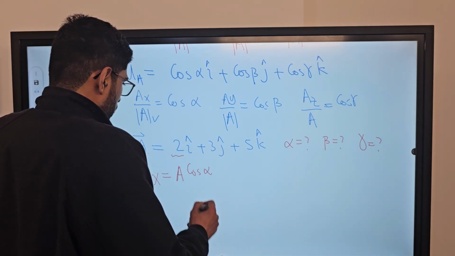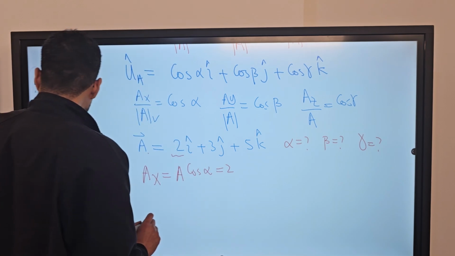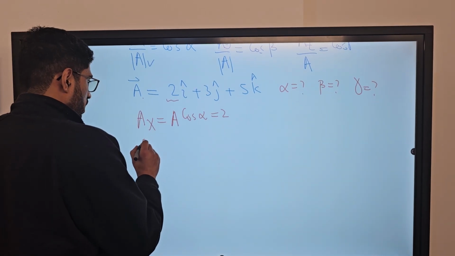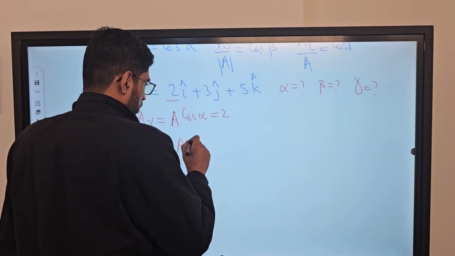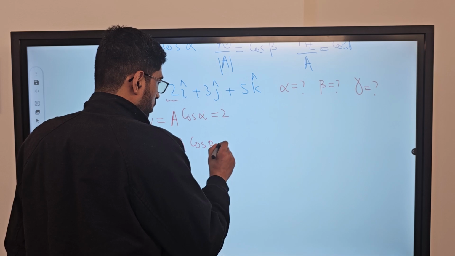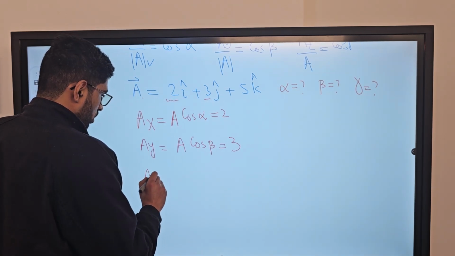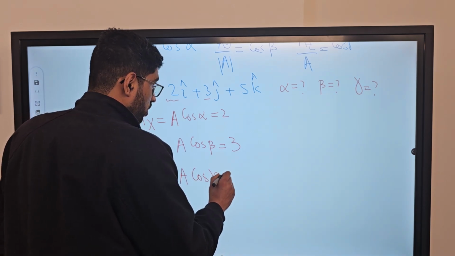So we can say that a cos of alpha is equal to 2, ay is equal to a cos of beta equal to 3, and az is equal to a cos of gamma equal to 5.